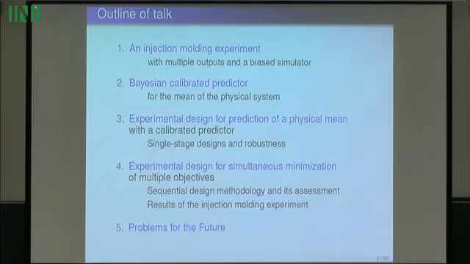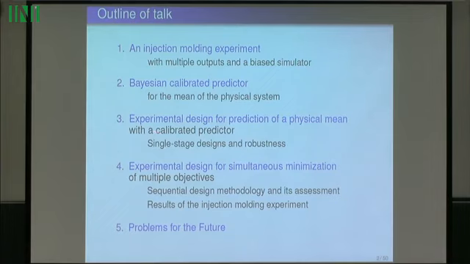And when I'm talking about calibration, I want to calibrate the biased simulator so that I can predict the means of the physical system. I'm not trying to calibrate the parameters in the model. I don't know what the model is, and even if I could calibrate the parameters precisely, that's not what is of interest to the engineers. What's of interest is finding the means of the physical system, being able to predict those.